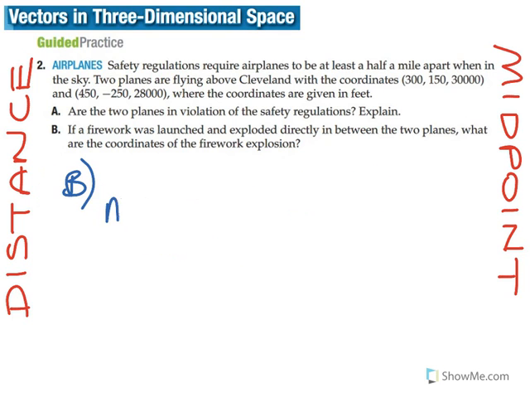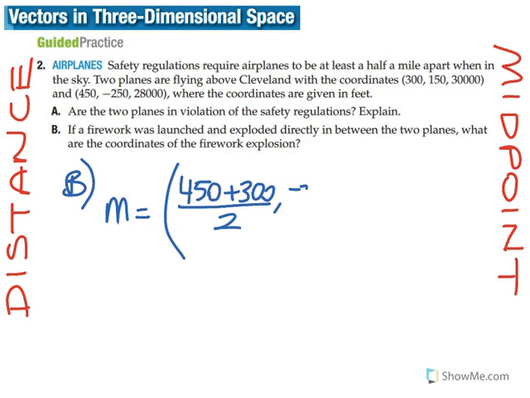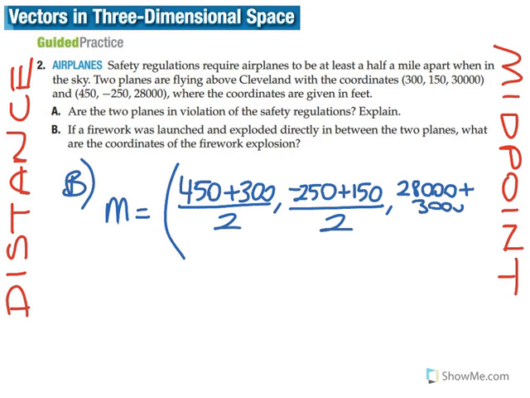So it will be 450 plus 300 divided by 2, minus 250 plus 150 divided by 2, and the z coordinates 28,000 plus 30,000 divided by 2.